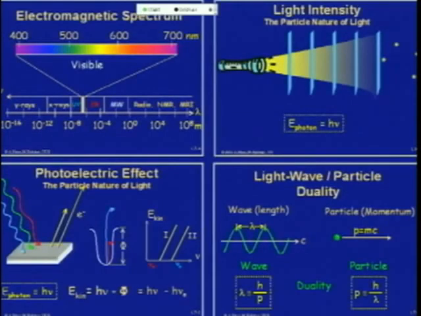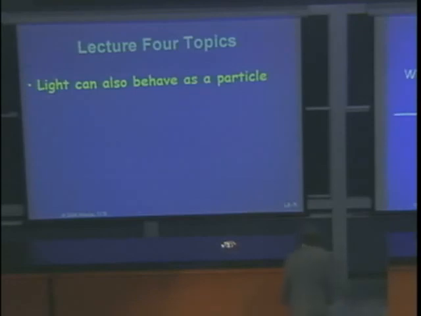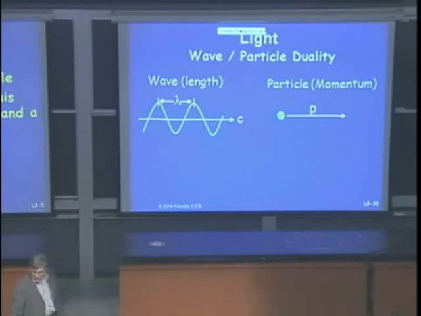Light can also behave as a particle. We have established that light is a wave, but it also can behave as a particle. And the smallest unit of light as a particle is called what? A photon. And light comes in quanta, in packages, a package of smallest units of energy, photons, okay? So it can have a wavelength, and if it's a particle, then it has momentum.